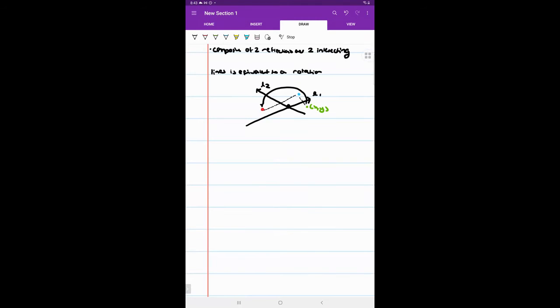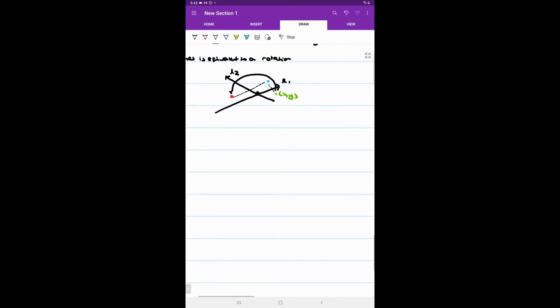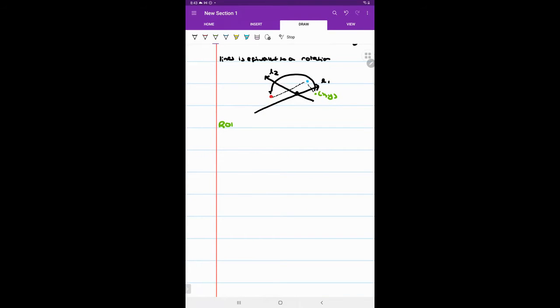And now we're going to go over the rotational symmetry theorem. And after this, we're going to do a couple of worked examples, which will be a little more interesting, I'm sure. Rotational symmetry theorem. I'm just going to write it out and explain it.